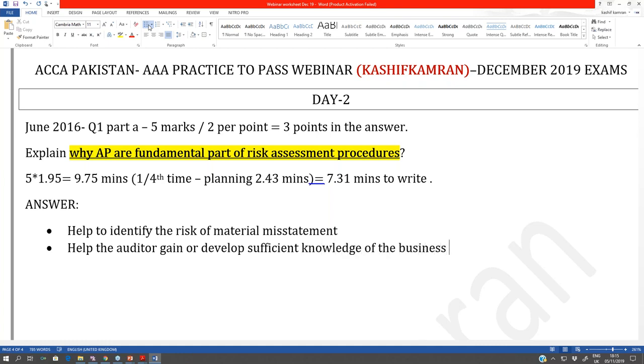Through the analytical procedure, the auditor develops sufficient knowledge of the business, and that knowledge, from the analysis of the financial statements the auditor has gathered, enables the auditor to be more skeptical in the audit. So the knowledge you get from analytical procedures, from the insights of the financial statements, from the fluctuations and the ratio analysis, really provides a good opportunity to the auditor to gain knowledge and to be more skeptical.